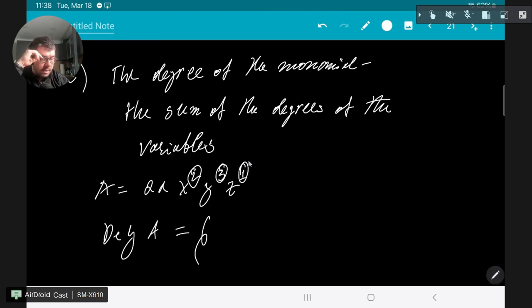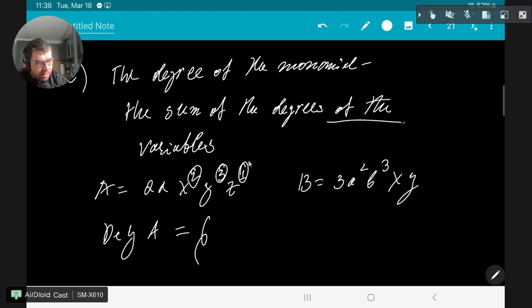So far so good. If I have, let's say, b is 3a squared b to the power of 3 x y. Okay, so be careful that we want to sum the degrees only of the variables. Remember, the parameters are part of the coefficient.